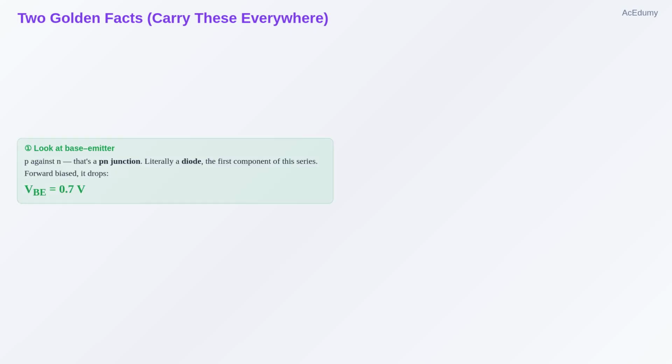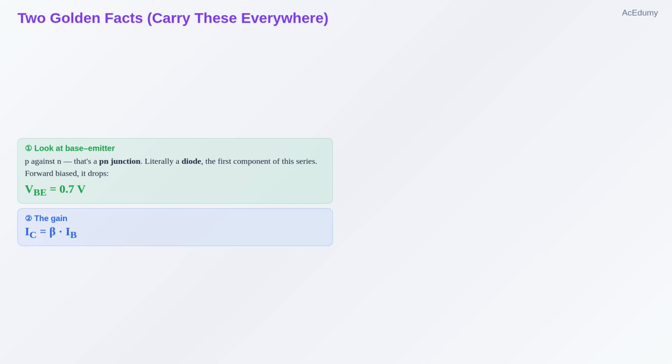Before we touch a real circuit, I want to hand you the 2 golden facts that unlock every DC analysis. Fact 1. Look closely at the base-to-emitter junction. P-type material against N-type material. That is a PN junction. That is literally a diode, the very first component of this series. And when it is forward biased, you already know what it drops, 0.7 volts.